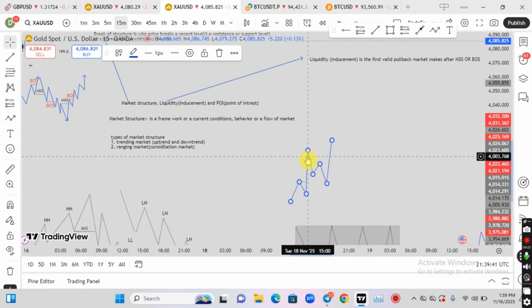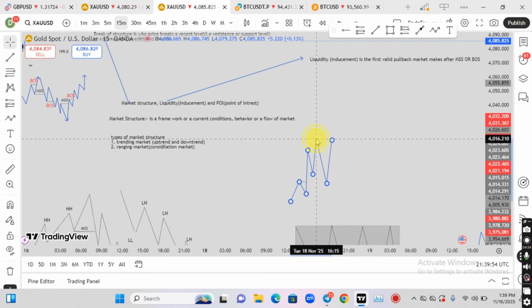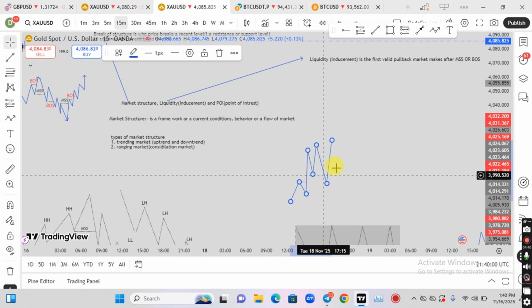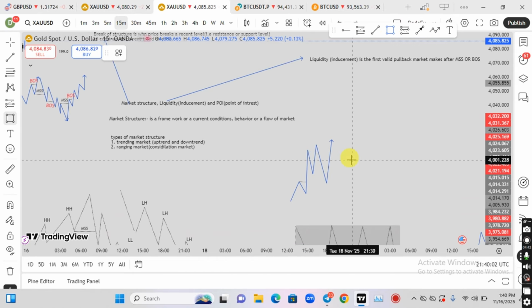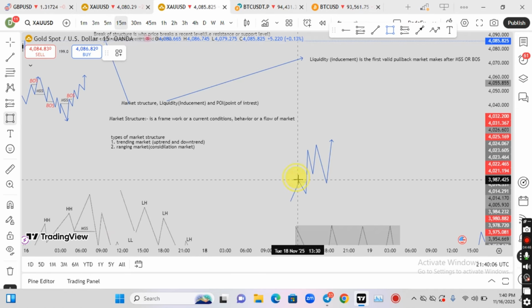For the inducement to be valid, price has to pull back again to about 50% of this pullback, or sometimes price has to pull back ahead of itself with a full candlestick, or more than 3 or 4 candlesticks first, before it comes back to tap my entry, which is my point of interest that I marked out.